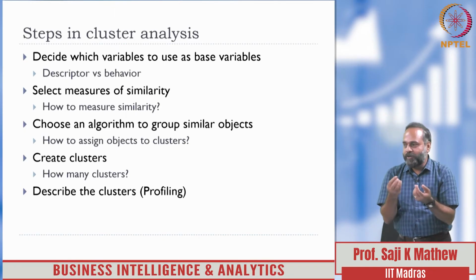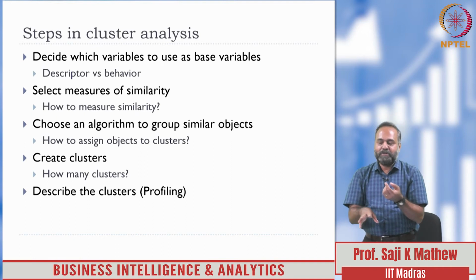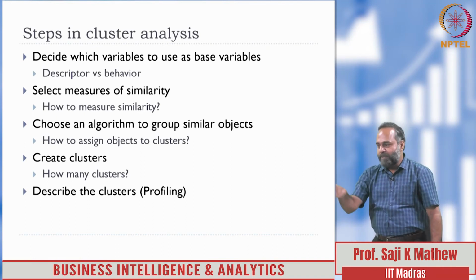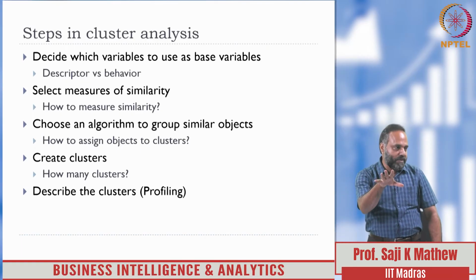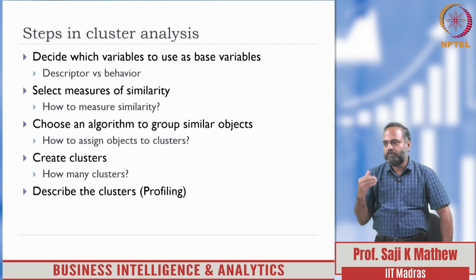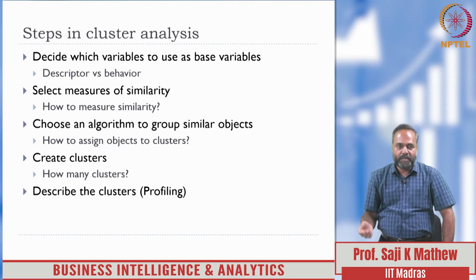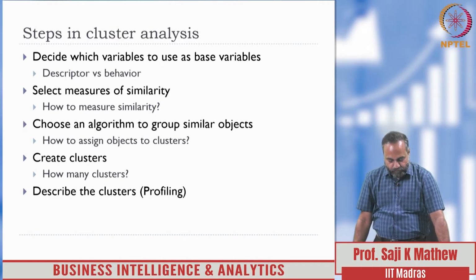If I want to recruit for something which is purely data science and doesn't require any social skill, I may go by the CGPA alone. So choice of variables is based on why you are doing the clustering exercise. What is your purpose? Your purpose drives your choice of variables.